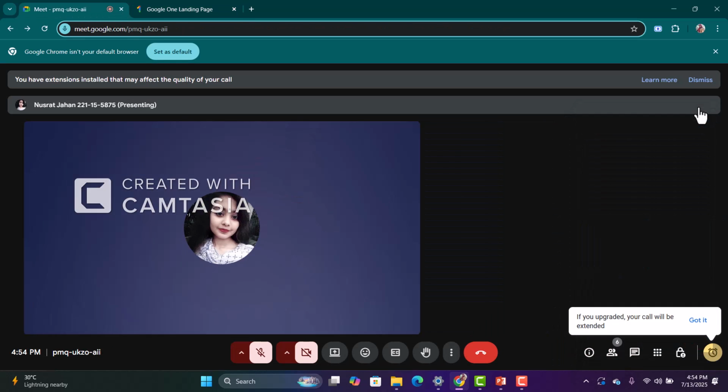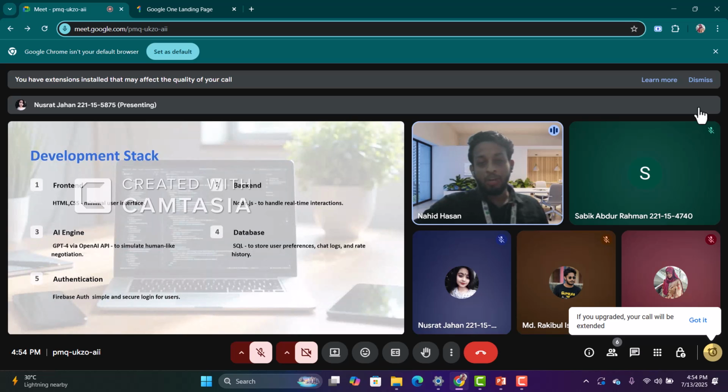The AI engine is powered by OpenAI ChatGPT 4, which adds human-like negotiation capability, and we use SQL to store user preferences and chat logs. And for security, Firebase authentication handles the user login process and safety smoothly. Altogether, this stack enables a seamless, intelligent, and secure experience for users. Thank you. My next team member will continue the rest of the presentation.